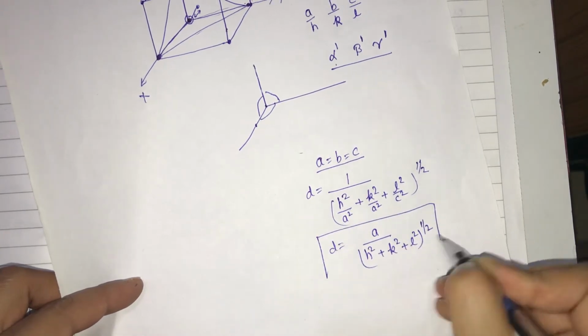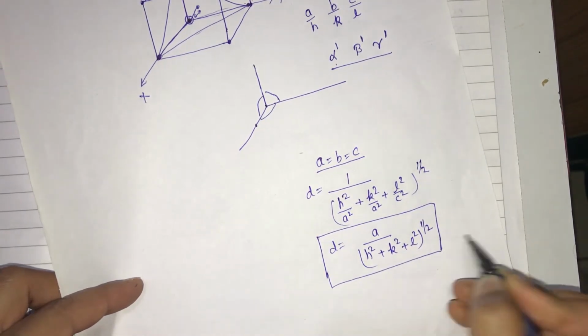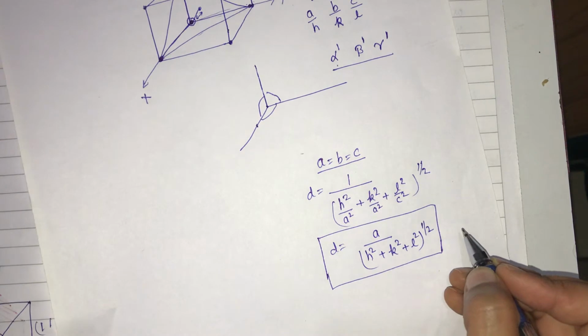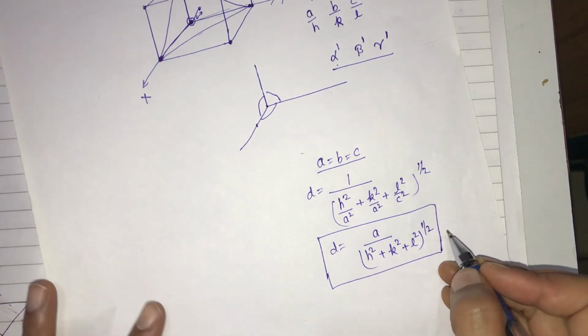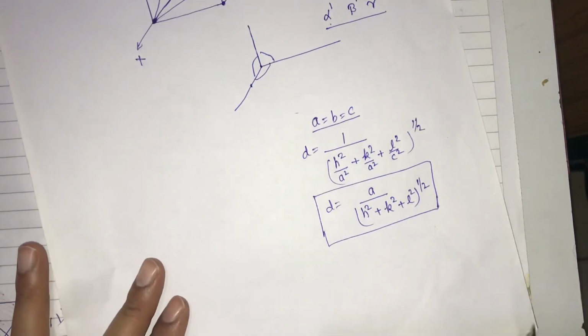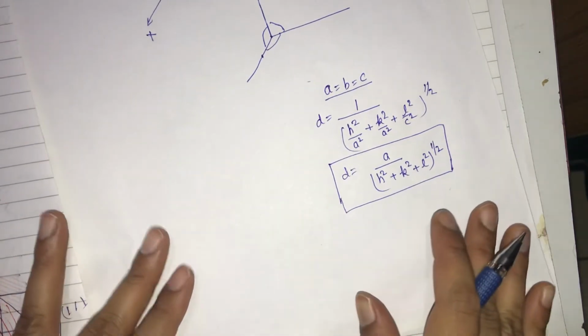This represents the interplanar spacing between adjacent planes of a set of parallel planes in a cubic system. Now let's consider this by taking some examples.